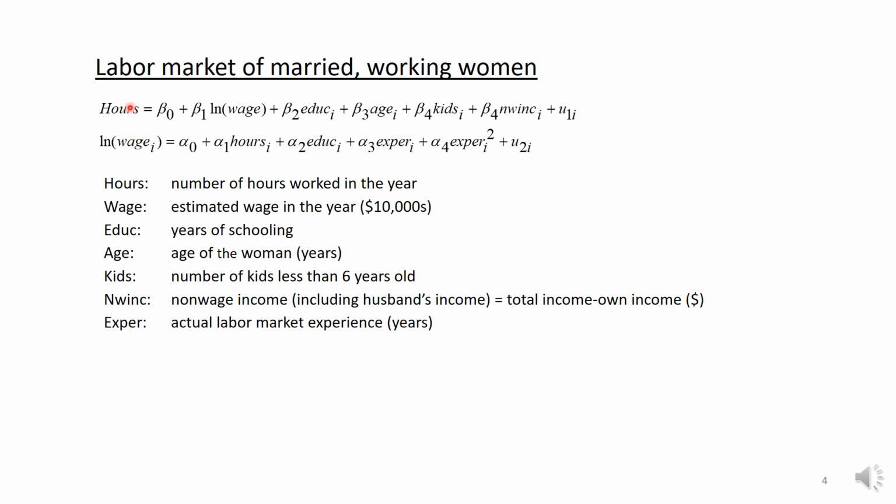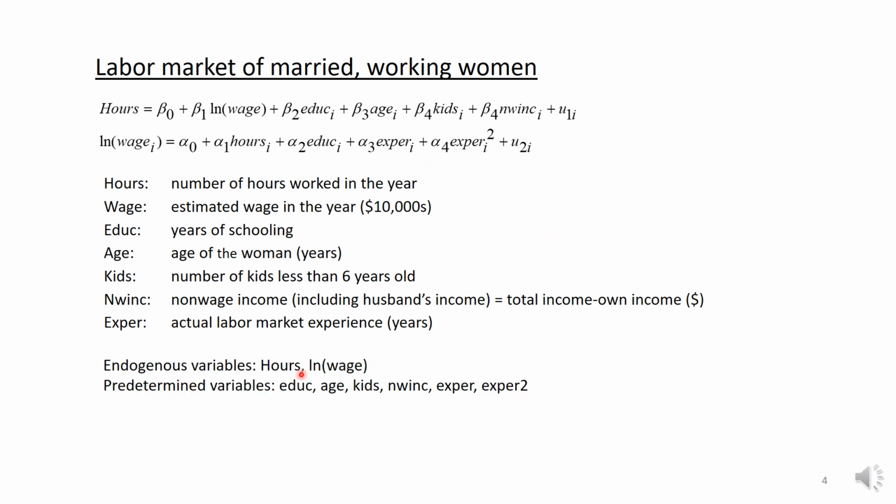So when we have this model, which consists of two equations, the endogenous variables will be the hours worked as well as the wage, right? And the rest of them would be your predetermined variables.